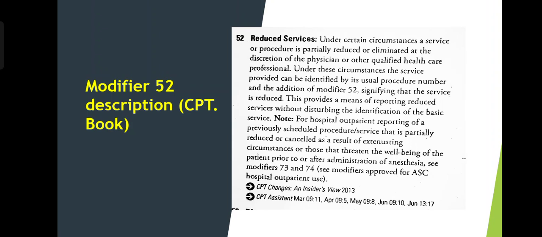Under these circumstances, the service provided can be identified by its usual procedure number and the addition of modifier 52, signifying that the service is reduced. This provides a means of reporting reduced services without disturbing the identification of the basic service. This is the description present in the CPT book for modifier 52.